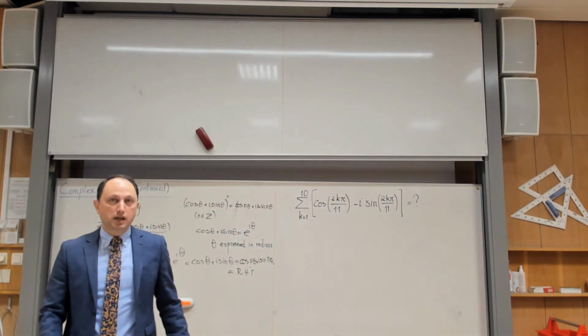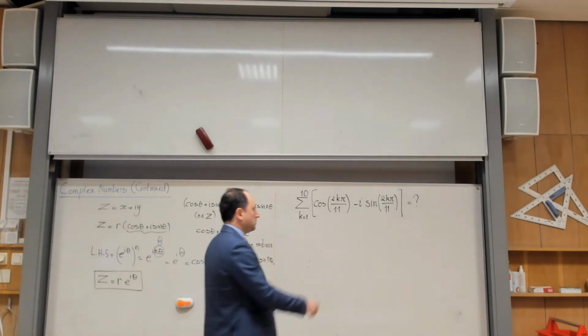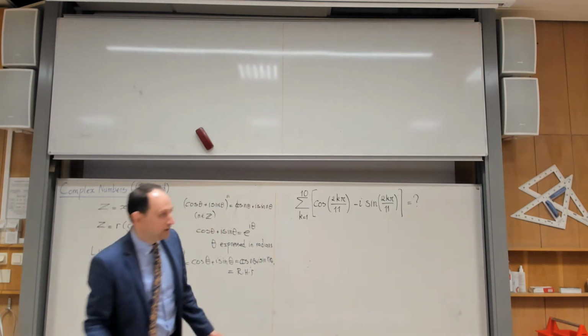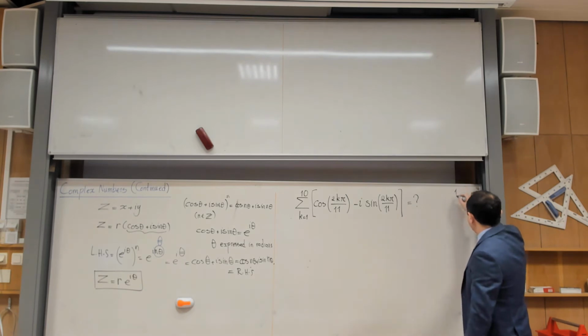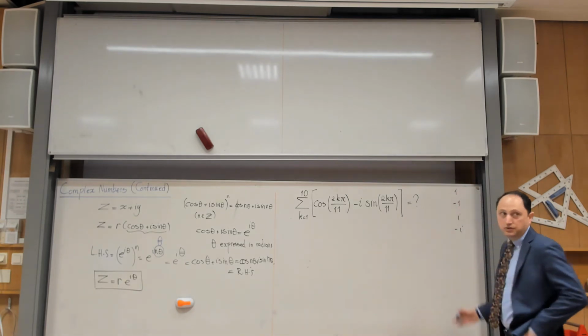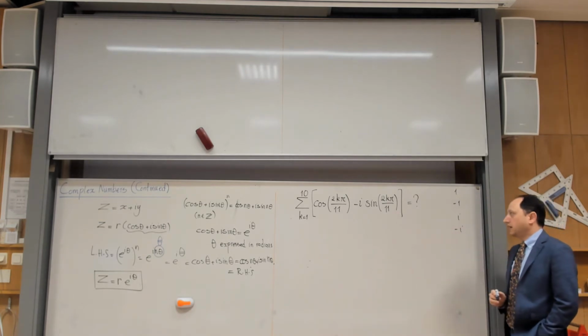But the problem is how can I calculate that sum of 10 terms in cosine and sum of 10 terms in sine? Because the answers, as I told you, are super simple: 1, -1, i, and -i. So they are claiming one of these is the answer. So the point is that I should be able to calculate these things.